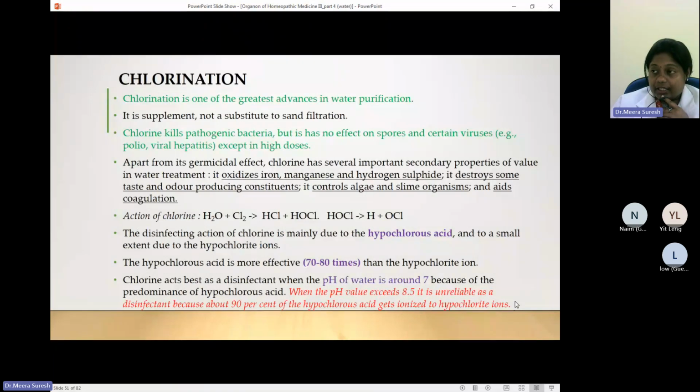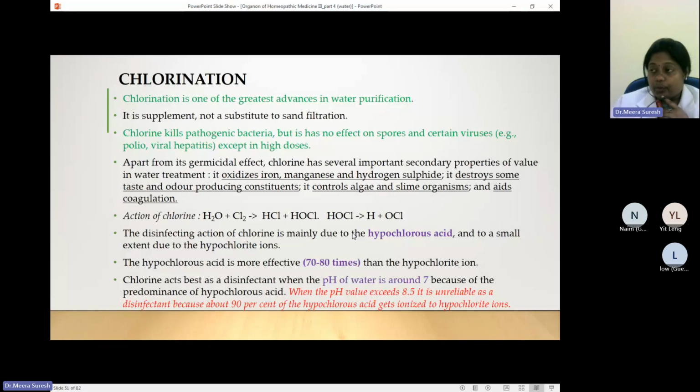We already saw that hypochlorite ions are good in disinfecting water, but not as efficient. It is hypochlorous acid that is 70 to 80 times, not 6 or 7 times, but 70 to 80 times more efficient than hypochlorite. But most of the hypochlorous acid will be formed only if the water is around pH 7, or neutral.